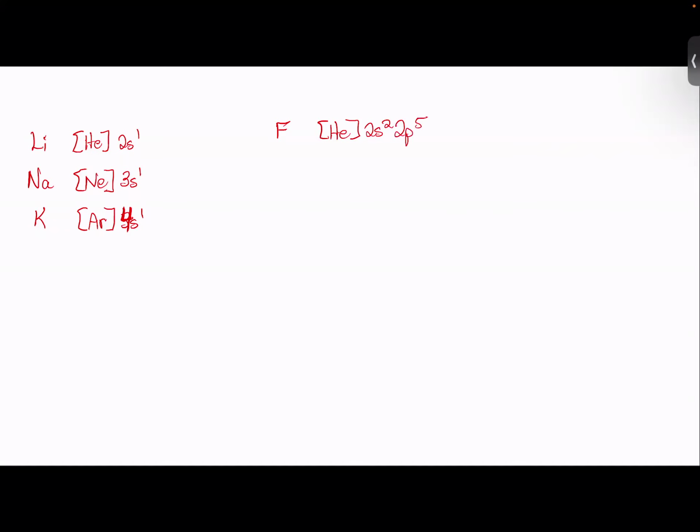If I write the electron configuration for chlorine, it is going to be neon 3s2 3p5. If I write the electron configuration for bromine, it's going to be argon 4s2 3d10 4p5.